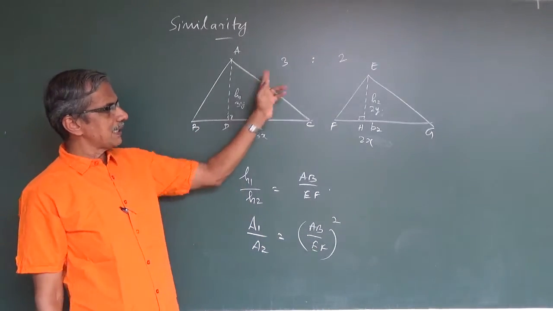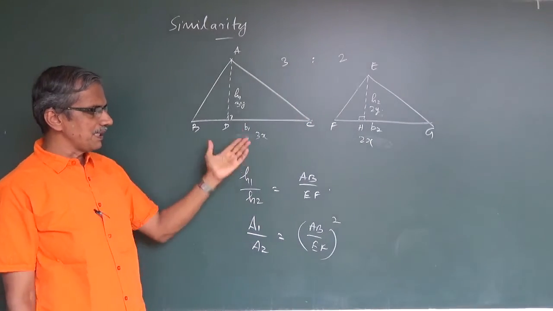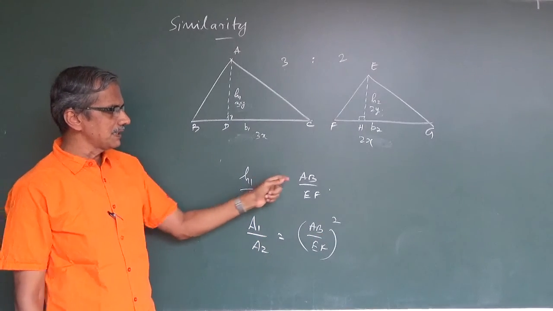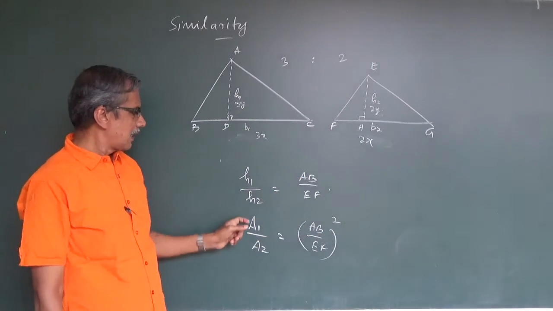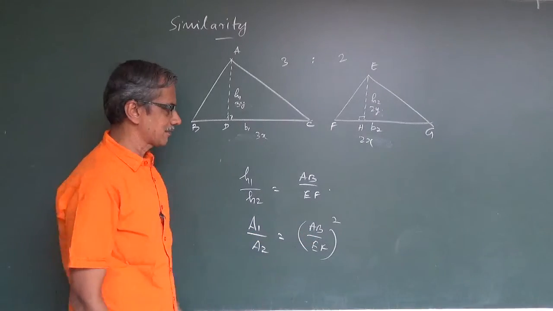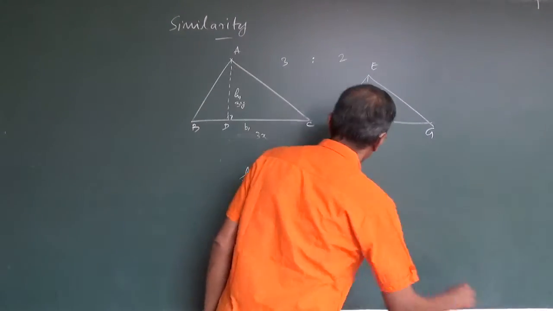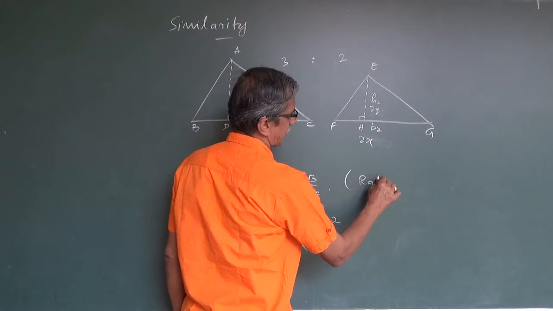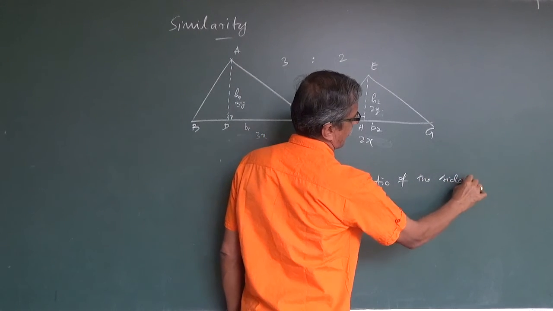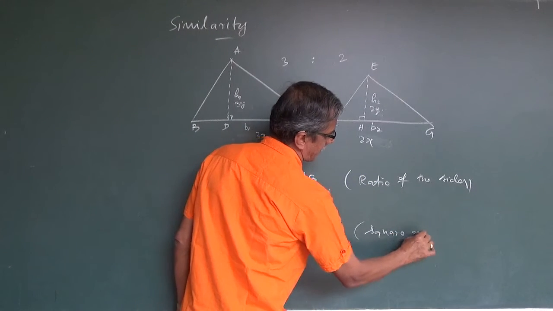I have taken an example of 3:2, but in some other example it will be some other number. But this you can remember. So altitudes will be in the ratio of the sides. Areas will be in the ratio, square of the ratio of the sides.